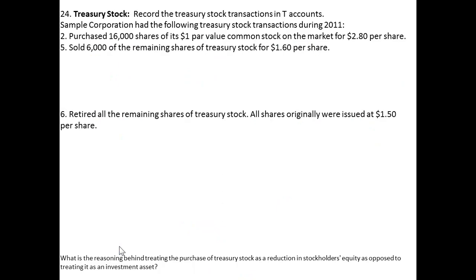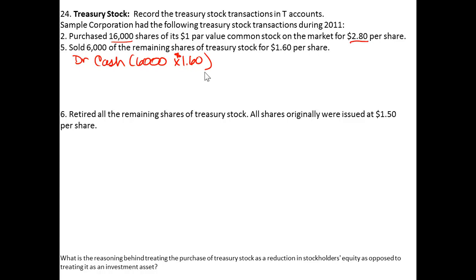Continuing on, you'll remember that in number 2, we purchased 16,000 shares of Treasury stock at $2.80. So the 5th entry is that we sold 6,000 of those 16,000 shares for $1.60 a share. So we're going to debit cash for 6,000 shares times $1.60 a share, because that's what we sold it for.